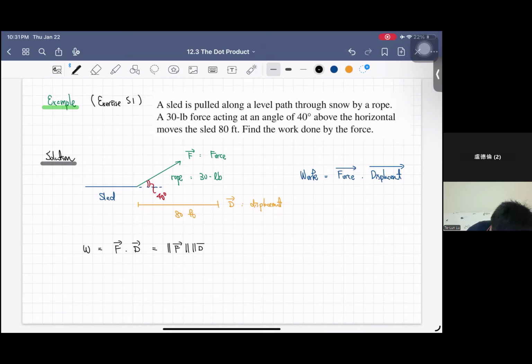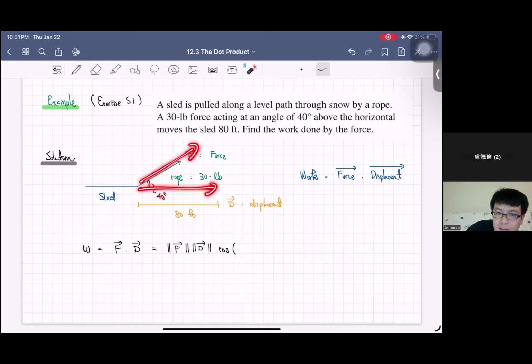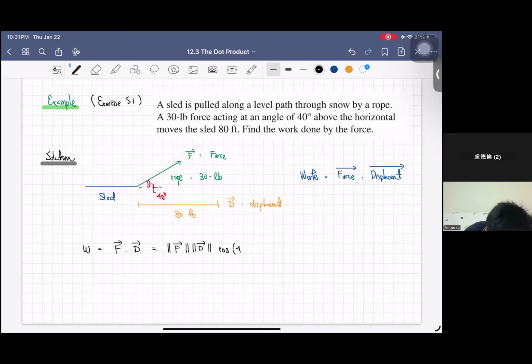D and the cosine angle. So they are of this angle of difference, right? So that's 40. So basically we're trying to calculate 30 times 80 times cosine 40, right?